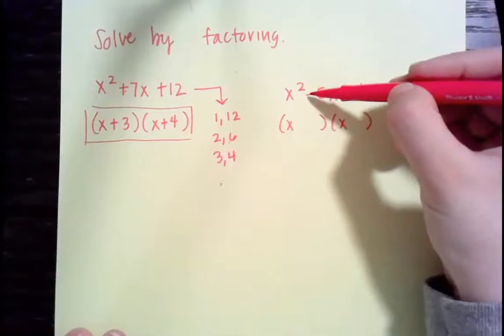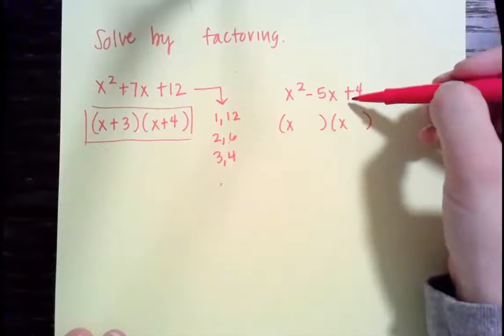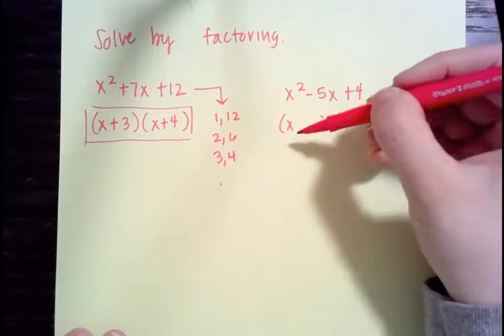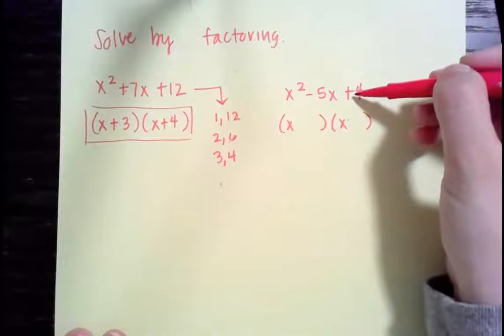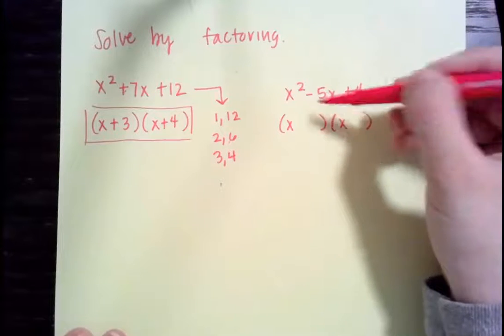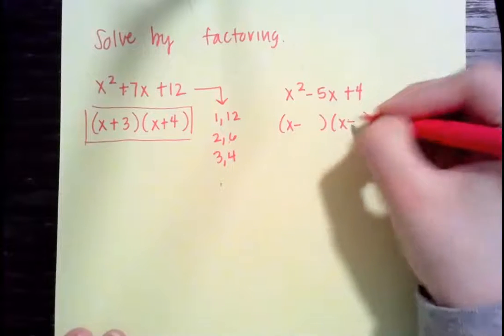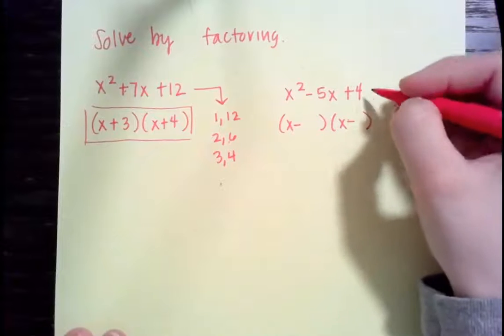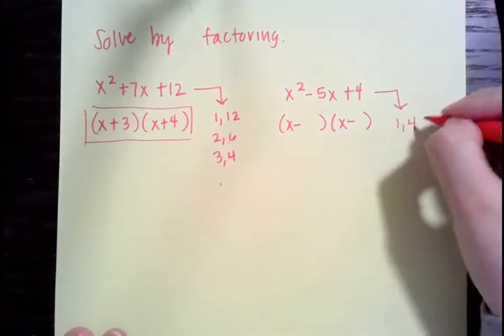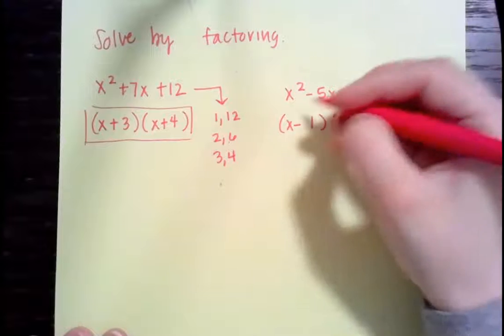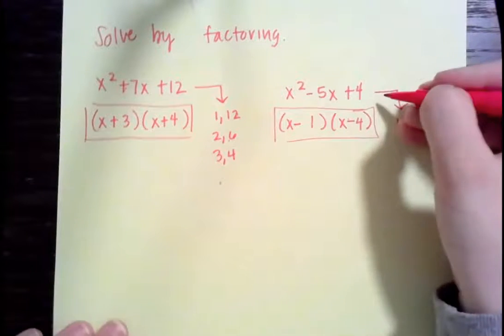I have a minus and an addition sign. So I know I'm going to have a minus minus, right? Because that's the only way I'm going to multiply to a positive number but add to a negative. And the nice thing about this problem is there's only one way to multiply to a 4. It's 1 and 4. So there we go. And that is that.